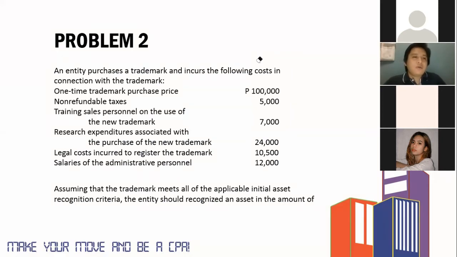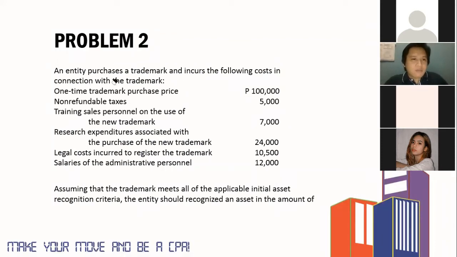Okay? Now, if you will read, an entity purchases a trademark. So, dun pala nakita natin, the transaction is purchased. So, therefore, what we are being asked is what items should be capitalized in order to recognize the intangible asset. Okay? Continue and incurs the following costs in connection with the trademark. Okay?